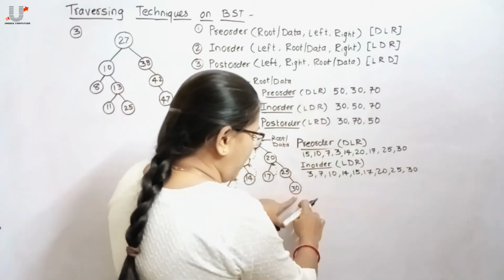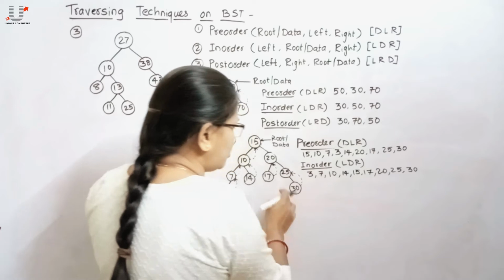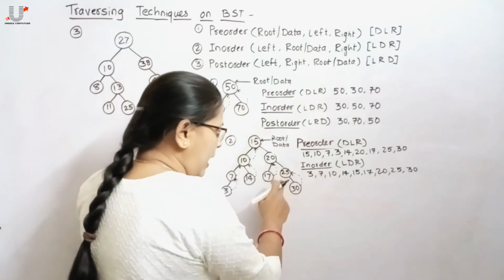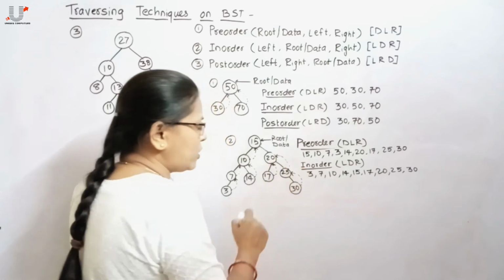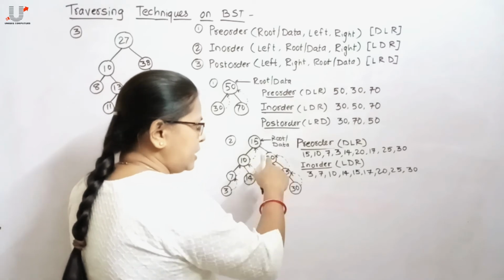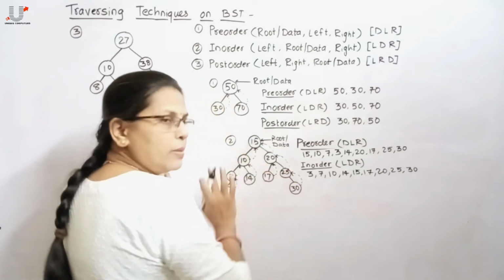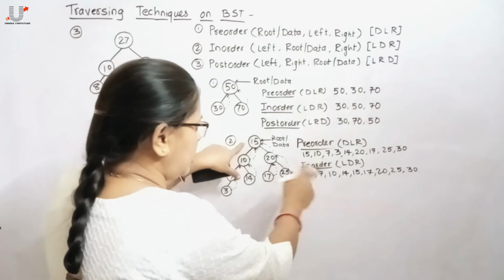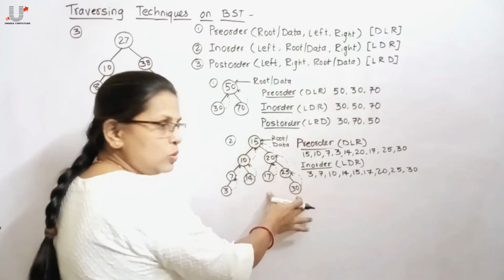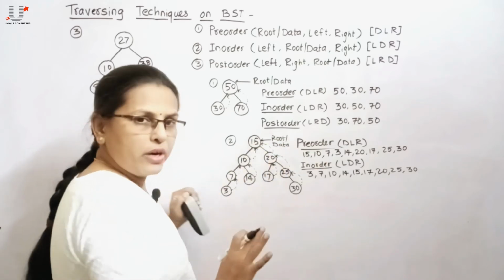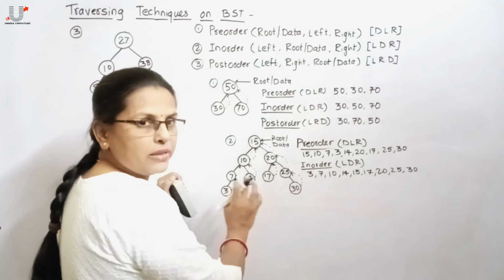And then apply R. As no right subtree is there for 30, again backtrack. The control will transfer to 25, as L, D and R have already been processed. Again backtrack to its previous location, 20, as left subtree, data itself and right have been processed. Again backtrack to its parent. As it's the root node, in in-order, before transferring the control to the right subtree of the root, data has already been processed. So this is the in-order traversing for this binary search tree.